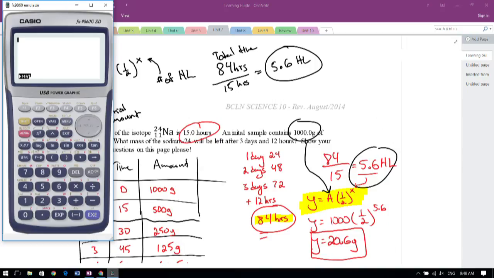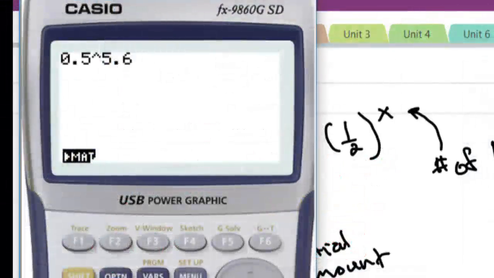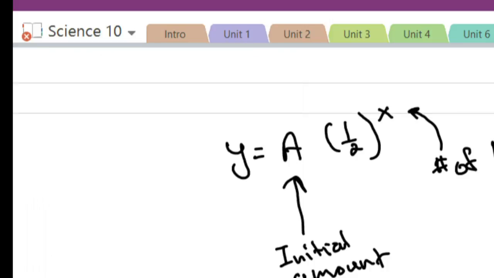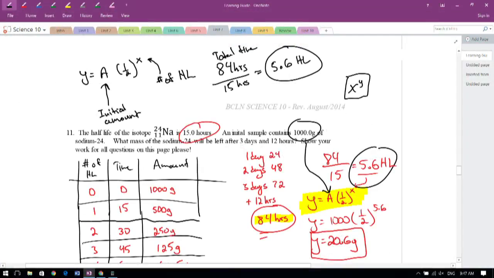See if I can get this fired up. So I'm going to go 0.5. And then on my calculator, I have this little hat button. Yours is going to be a little bit different probably. So I get 0.5 to the power of 5.6. You might have a button that looks like x to the y instead of the hat.